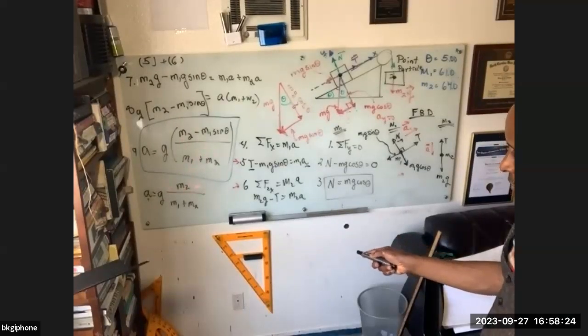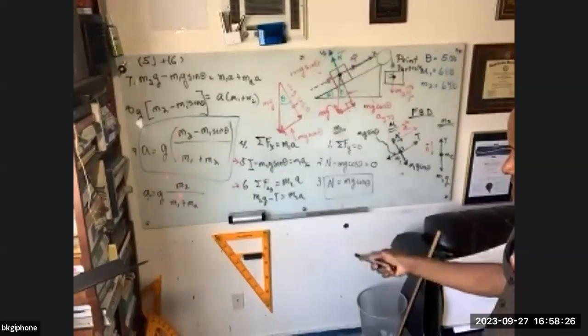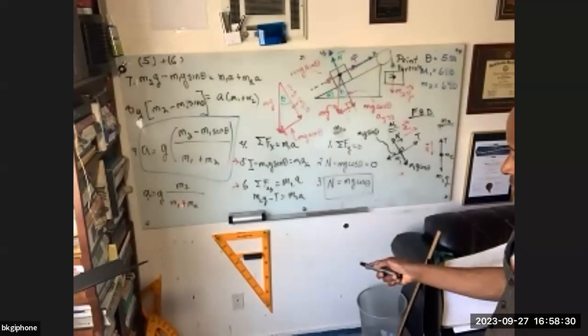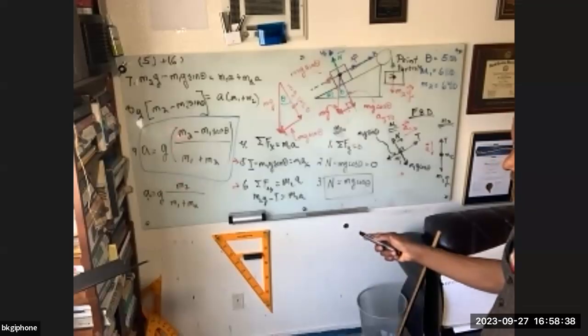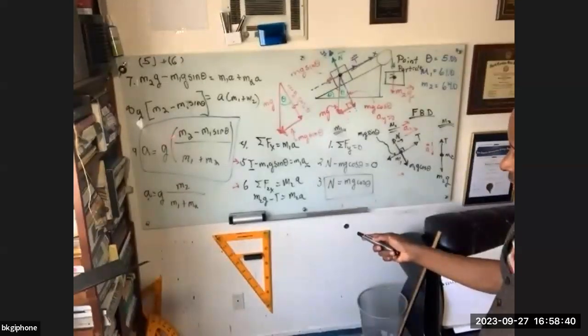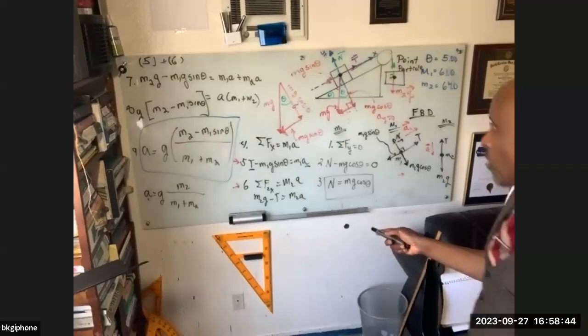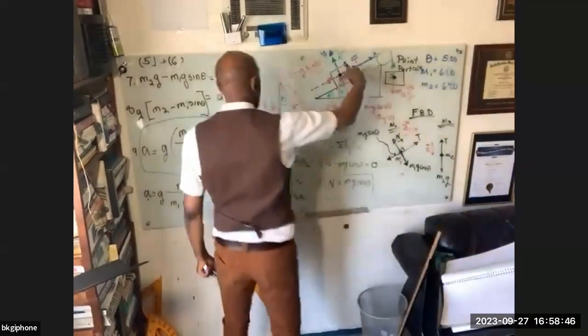So here I have M2, and the denominator is still the total inertia of the system. So it's normalizing, in a way. But the numerator is kind of dictating the force, right? The M2 times G. So I'm subtracting from the weight, GM2, this other term, GM1 sine theta. What is it?